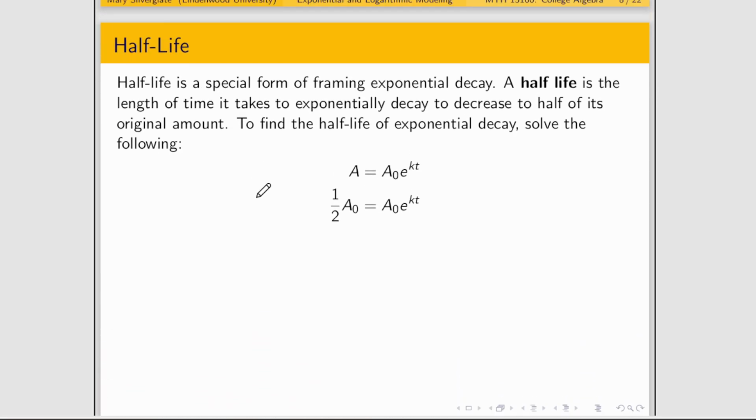We can do a similar idea with a half-life as well. So a half-life is, again, we're going to say that this is also modeled with continuous exponential decay. And it's how long it takes for half of whatever you're talking about to be left. So in particular, this is a term used a lot in chemistry class whenever you're talking about what is the half-life of a particular element.